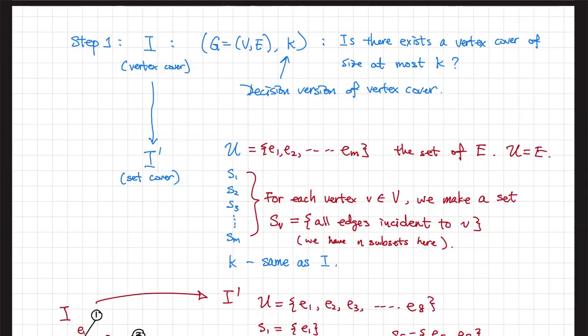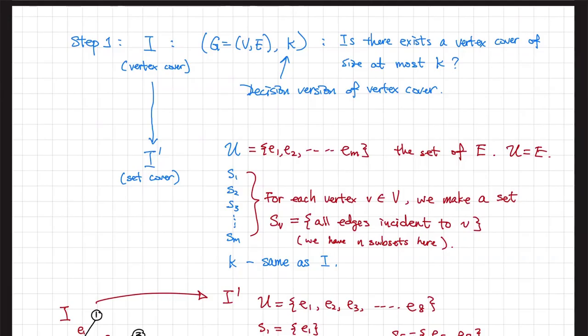Okay, now to convert it into set cover, we need a universal set and then the subsets. We said earlier that the universal set is representing the edges, because the elements correspond to the edges. So we will have all the edges in the original graph. That's our universal set.